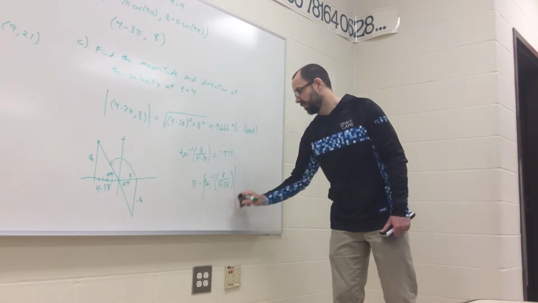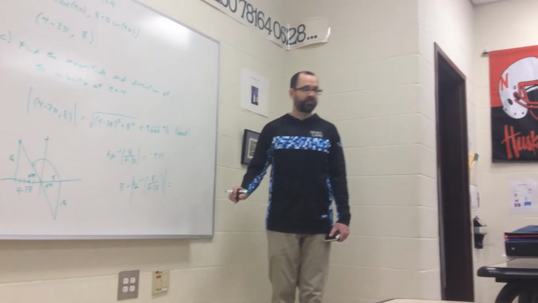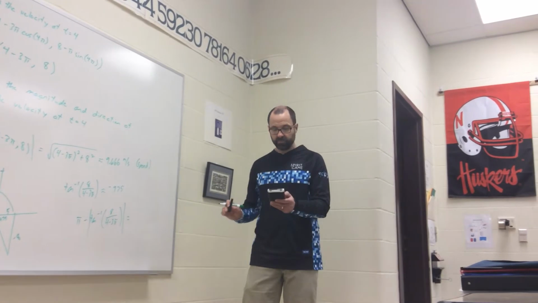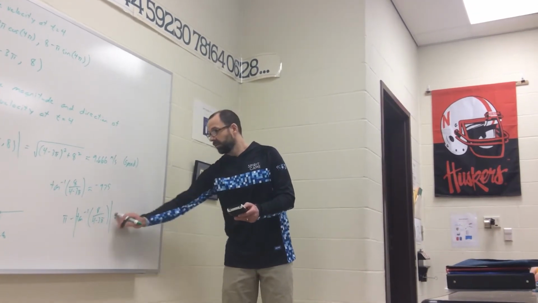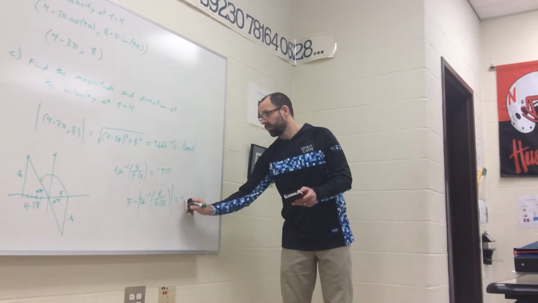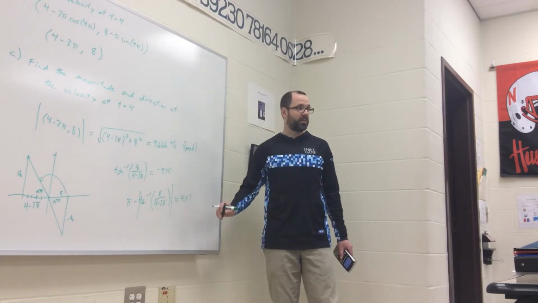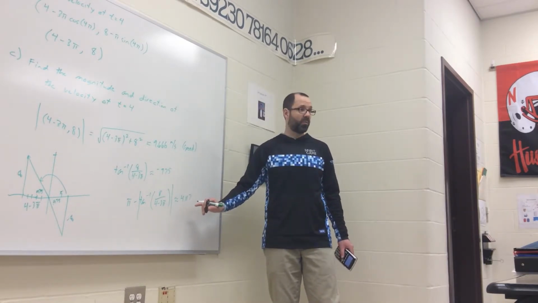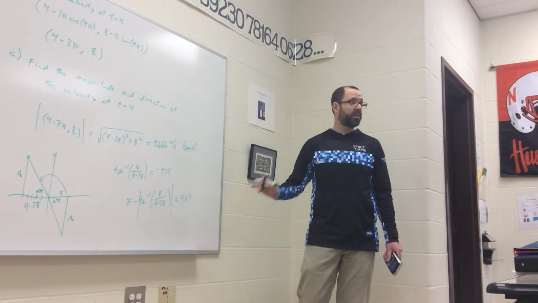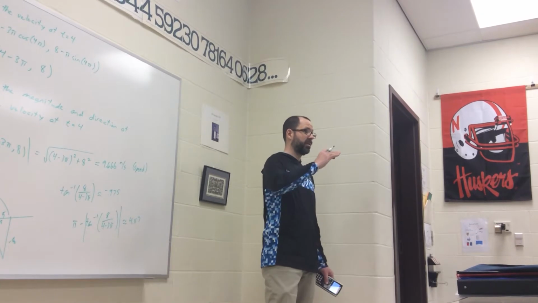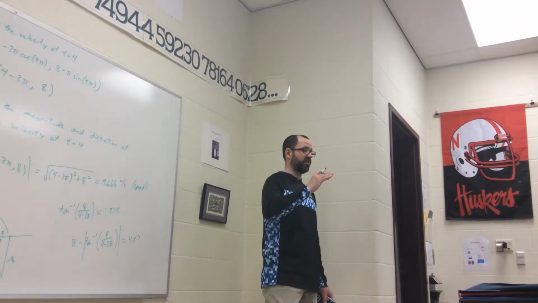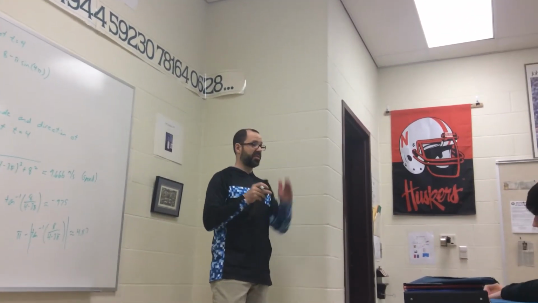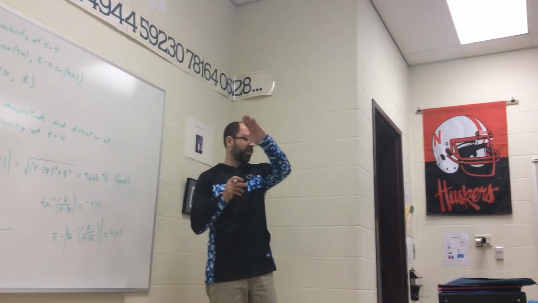So that angle is 4.117. That tells you the direction that the vector is traveling in. It tells you that the velocity is in the direction of 4.117 radians.